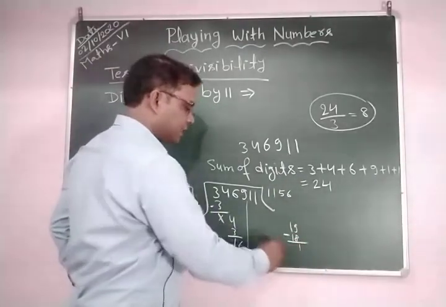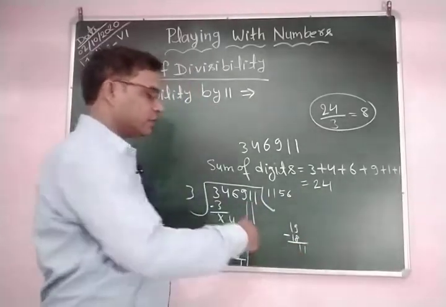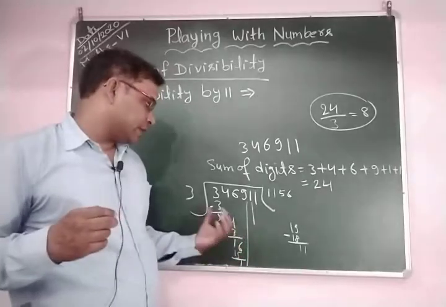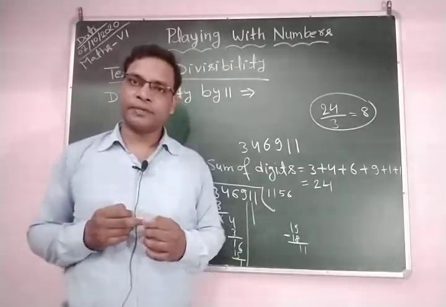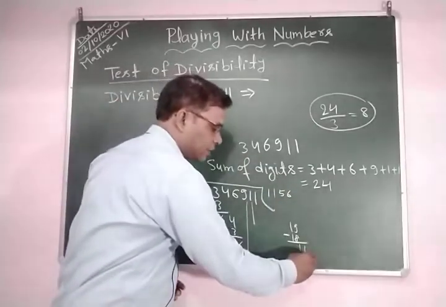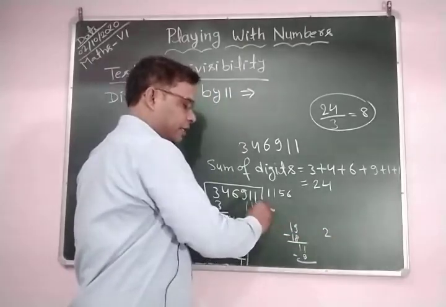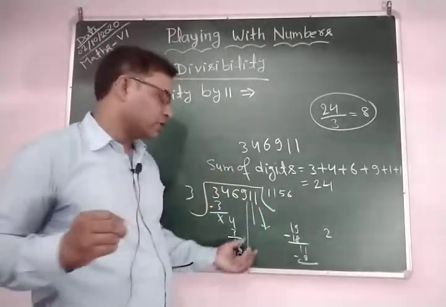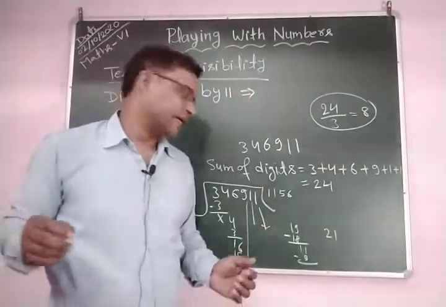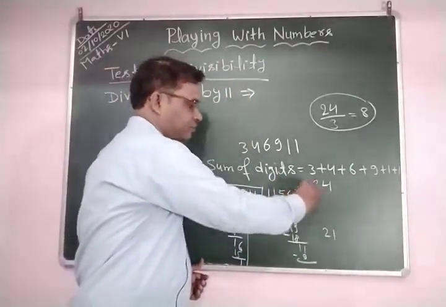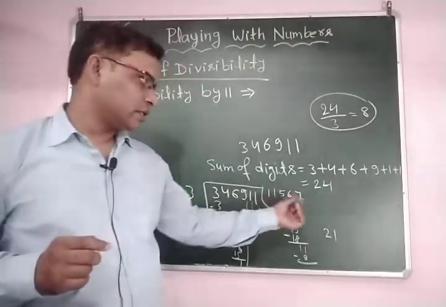We get 1, carry it and bring down this 1. This becomes 11. If you divide 11 by 3, the quotient is 3. 3 threes are 9. 11 minus 9 leaves 2, and we bring down this 1. So it becomes 21, and 21 is divisible by 3, 7 times.